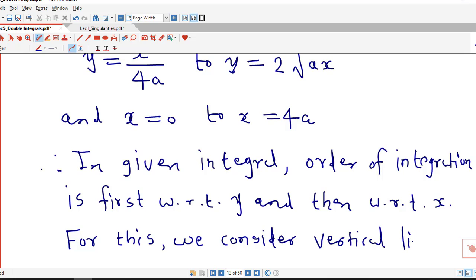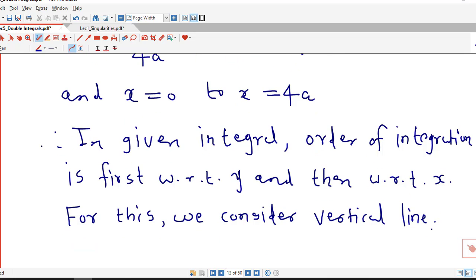If we want to integrate with respect to y first, we know that we have to consider a vertical line passing through the region. So this is the given information.